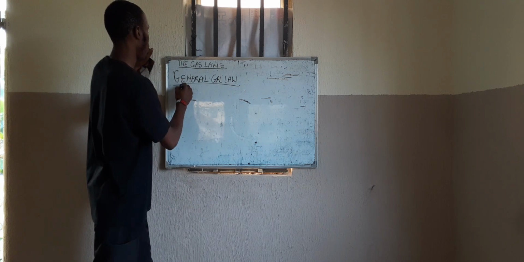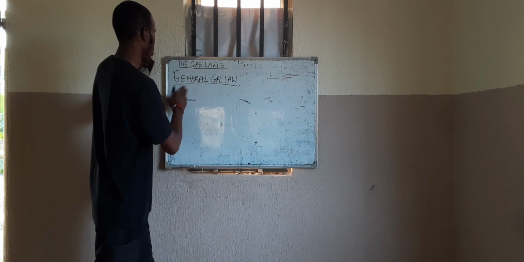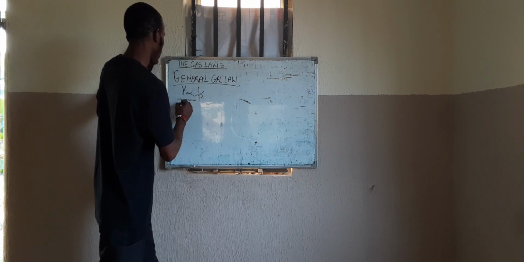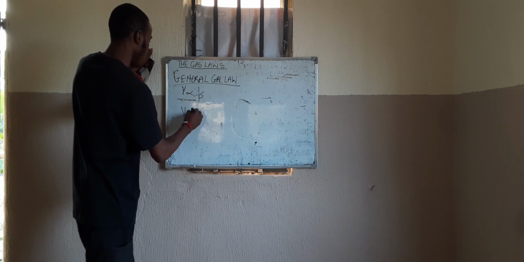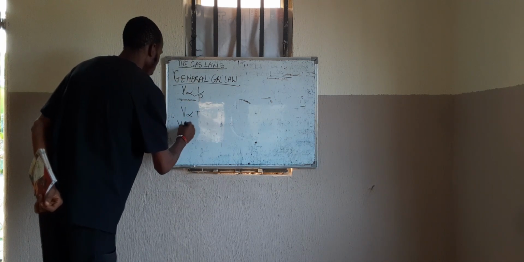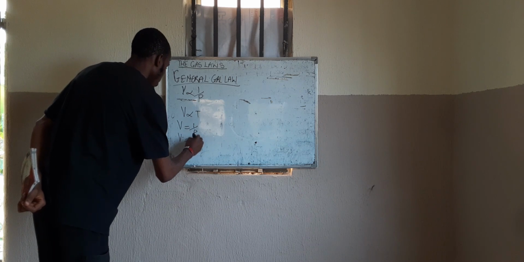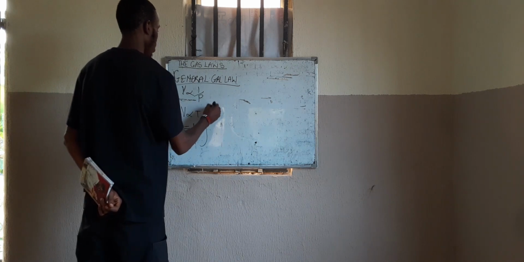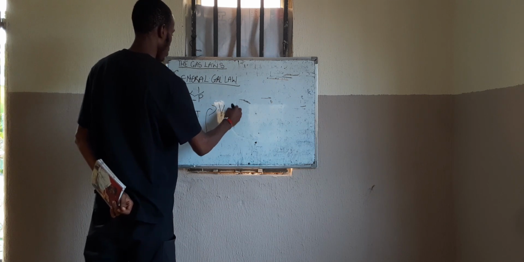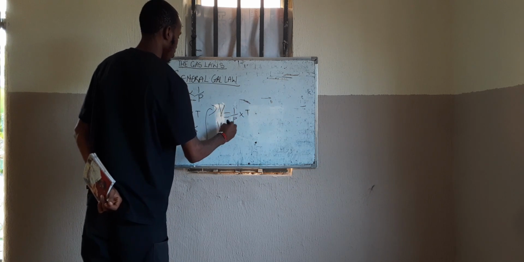Boyle's law is V proportional to 1 over P. Charles' law is V directly proportional to T. So combining these two, V equals 1 over P, V equals T. We want to join these two equations. V is now equal to 1 over P times T.